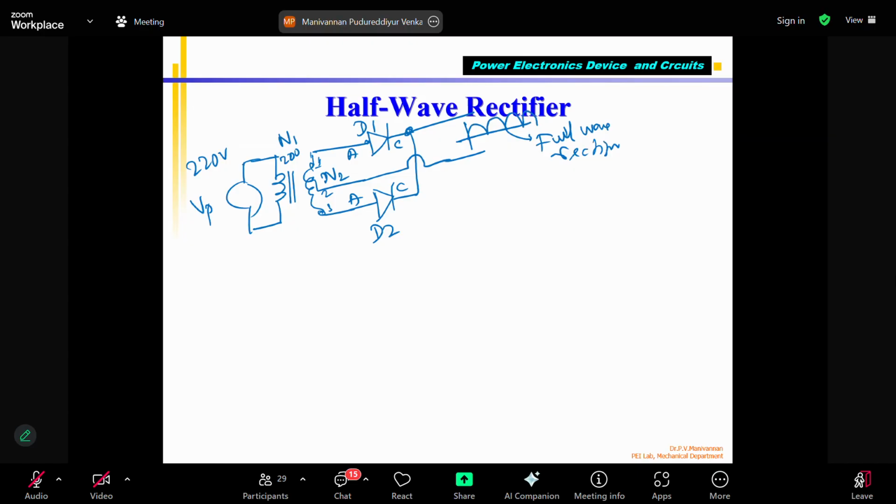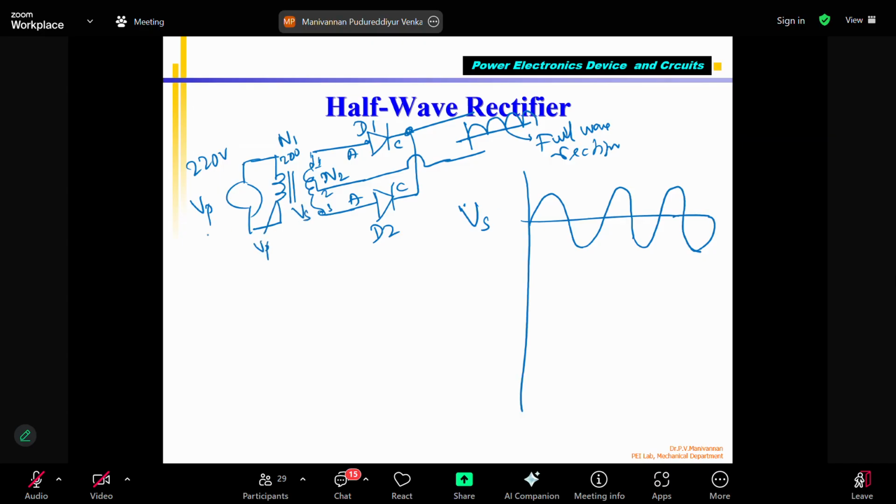Okay. So now, if I apply the AC voltage to my full wave rectifier here, my input voltage is like this. That is Vs. This is Vp. Vp is 220 volts and 50 hertz.